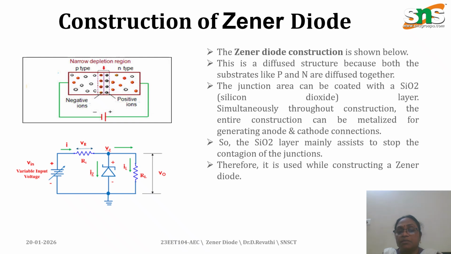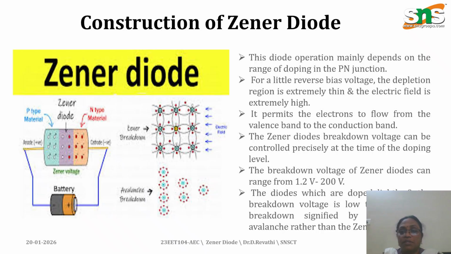The battery is connected through a resistor, the negative to the negative terminal and the positive to the positive terminal. It can work in reverse also.